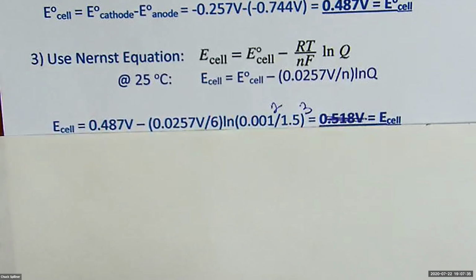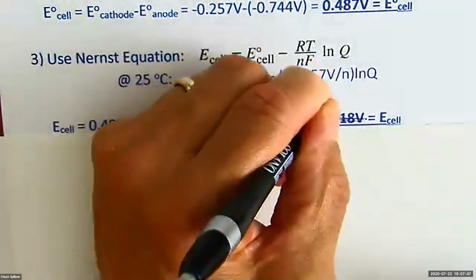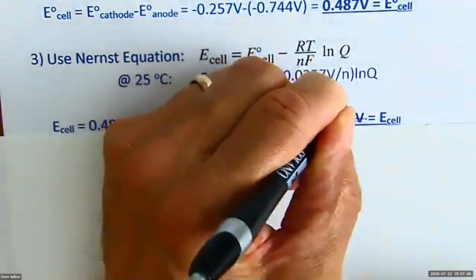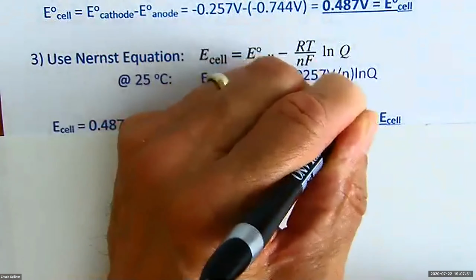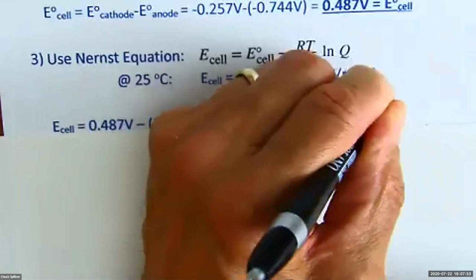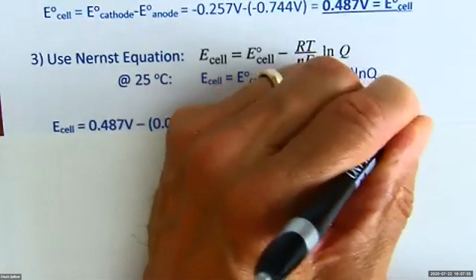That equals 0.06, then I have to add 0.487. I get 0.55, it's a little higher. I thought it'd be 0.551 volts is our E cell.